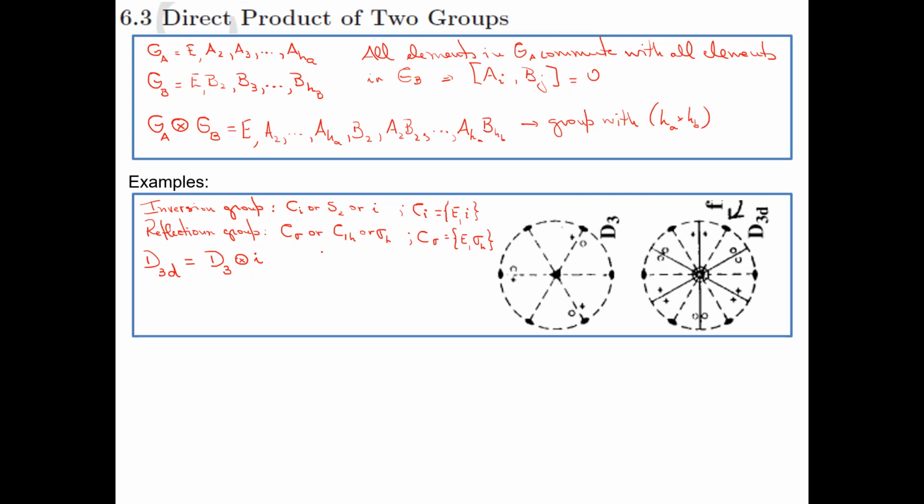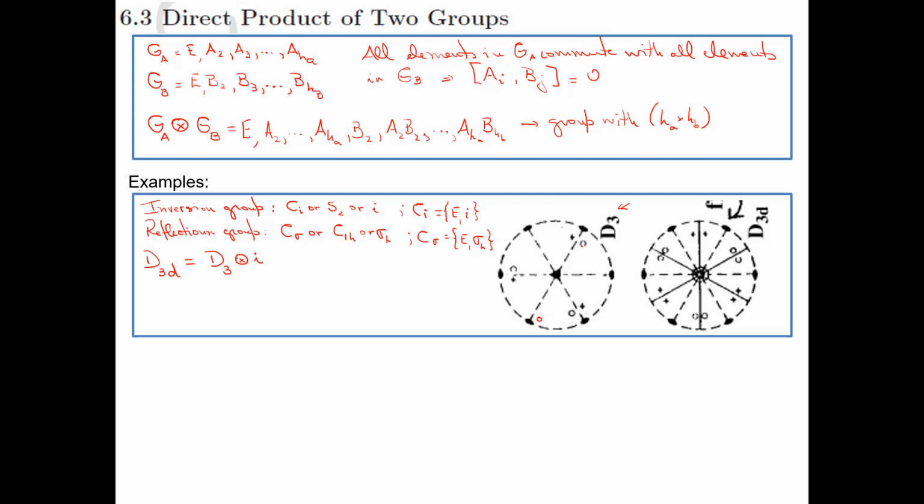So that basically means that if I look at the stereogram of group D3 and I now add inversion, you can see this guy, the upper atom here, if I add inversion, goes to the lower atom here.